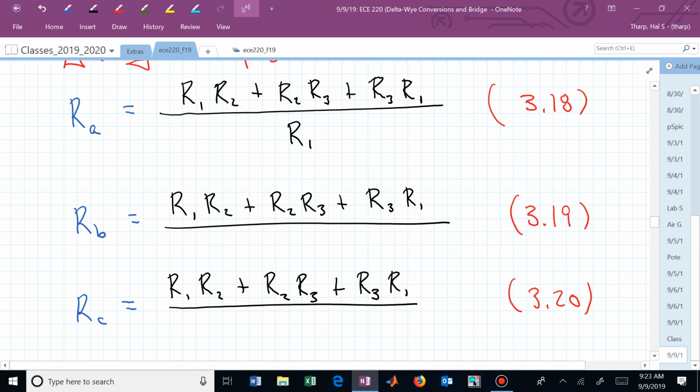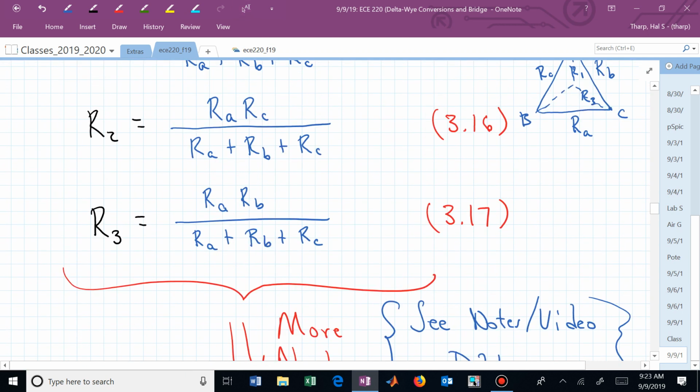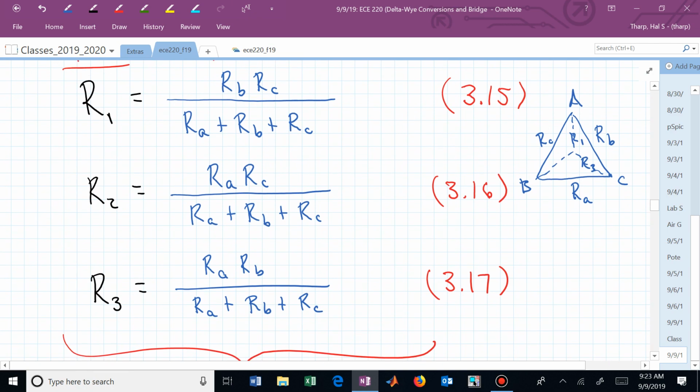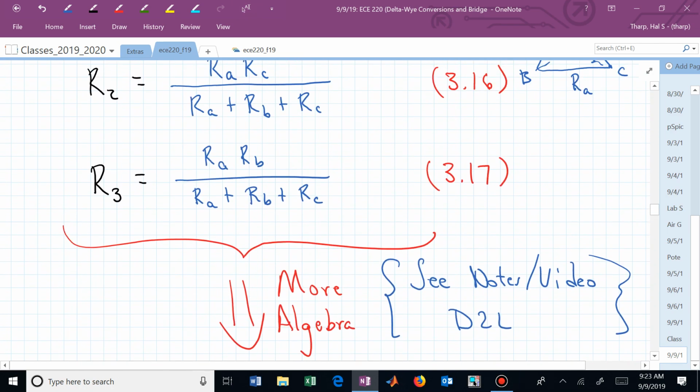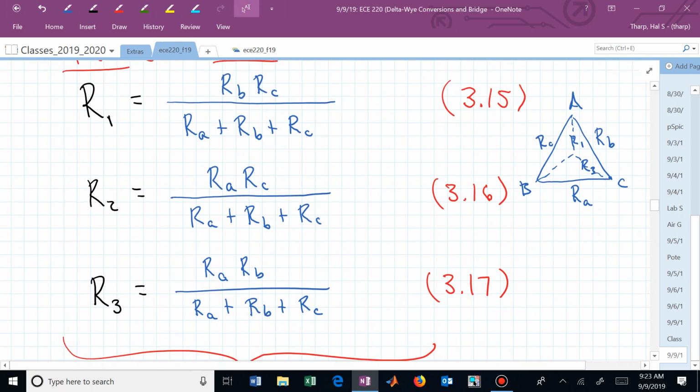Then, to obtain the denominator, we look at this triangle again, and we say, I want R sub A. Well, what's between R sub A and the A vertex is R1, or what's furthest away from it is R1.